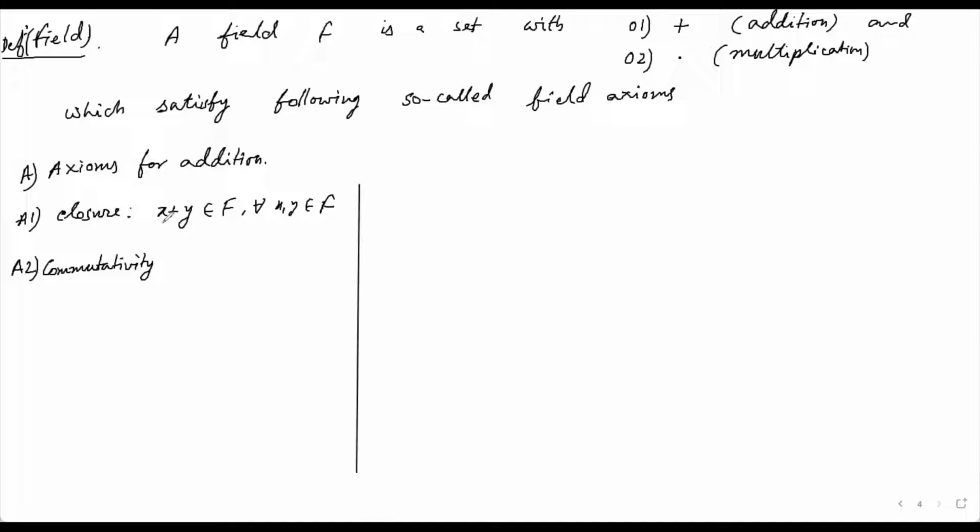The binary operation plus is commutative. That means x plus y equals y plus x for all x, y belongs to F.